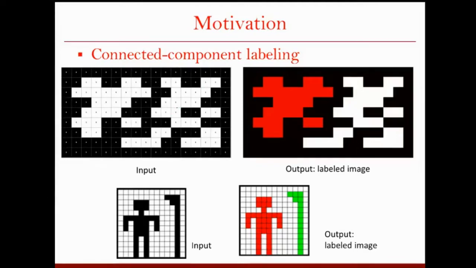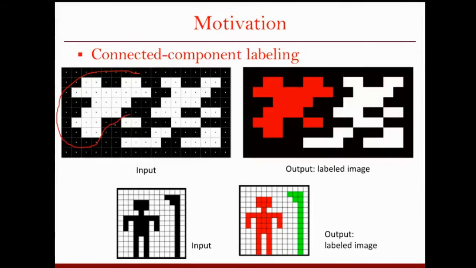They are connected to each other here, but they are not connected to the pixels in this area. Let me mark it. Suppose you consider this area: all these white pixels are adjacent to each other, connected to each other, or nearby to each other. But if you compare these pixels with these pixels here, they are not connected.